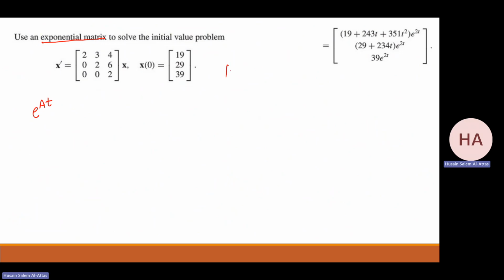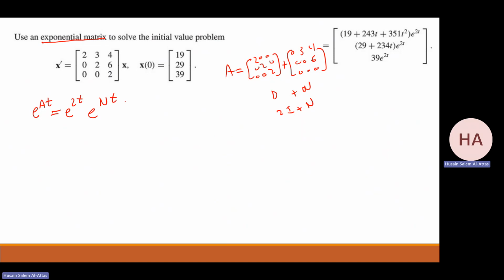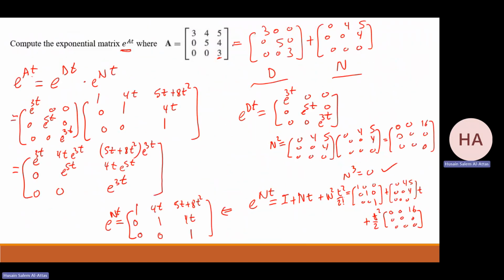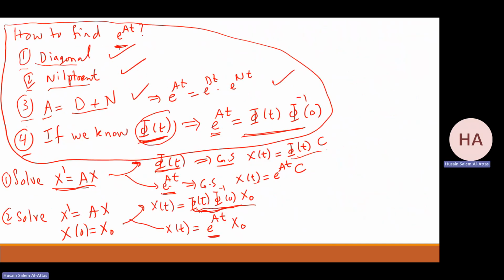I notice A is D plus N. Actually, it is 2I plus N, with entries 0, 3, 4. So e to the power Dt will be e^(2t) times e to the power Nt. And we did that before.